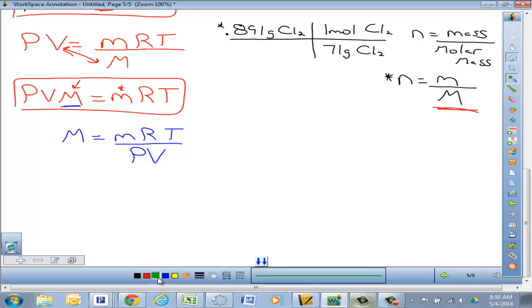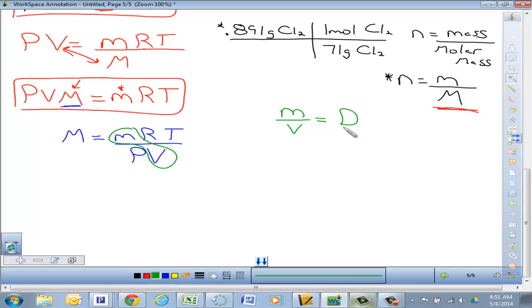I'm hoping something jumps out at you when you look at this equation. If I pull out the variables mass divided by volume, I'm hoping you'll remember that's density.